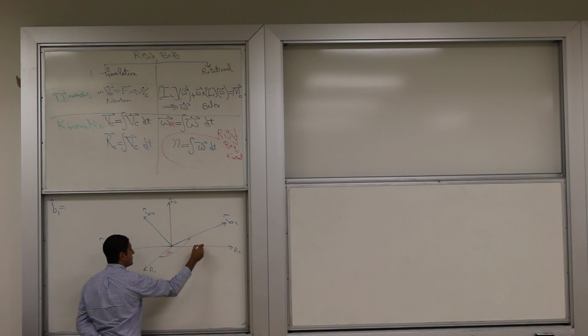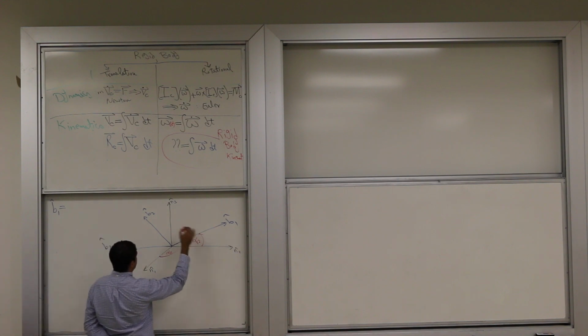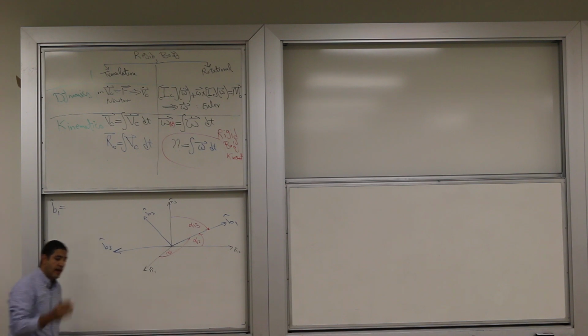Alpha 1, 1, I will call this alpha 1, 2, according to the book notation. And this guy is alpha 1, 3. The 3 angles that the first body axis makes with the 3 inertial axes.